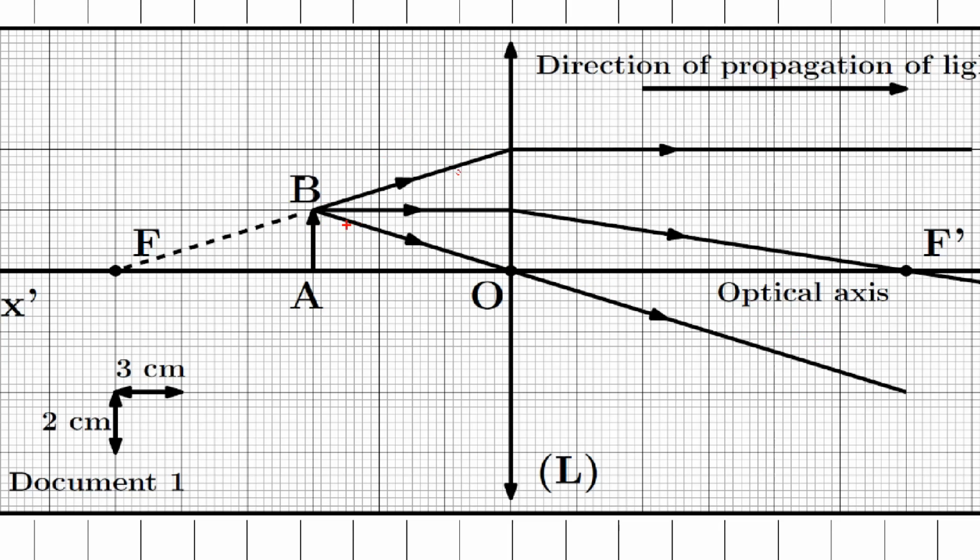And finally, we need to trace the third ray, which is incident from B and passing through the object focus. Now notice that this ray cannot pass through the object focus because it's propagating from left to right, and the object focus is on the left of the object, which is in front of the object AB. So this ray cannot propagate backward to pass through the object focus.